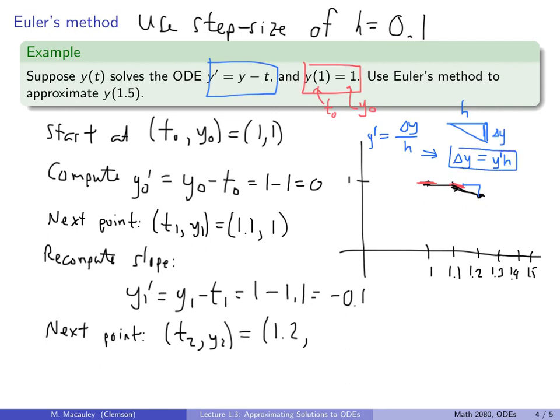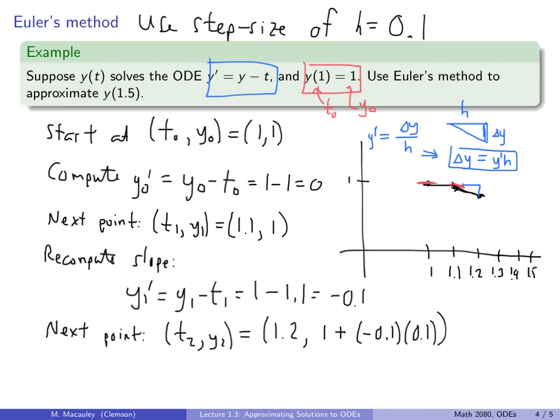So going back here, that means our new y value is our old y value, which is 1, plus our delta y, which is our slope, negative 0.1, times h, which is 0.1. Multiply that together, we get minus 1/100th, and that makes sense: this is a triangle that has base 1/10 and slope negative 1/10. So this length is just 1/100th.